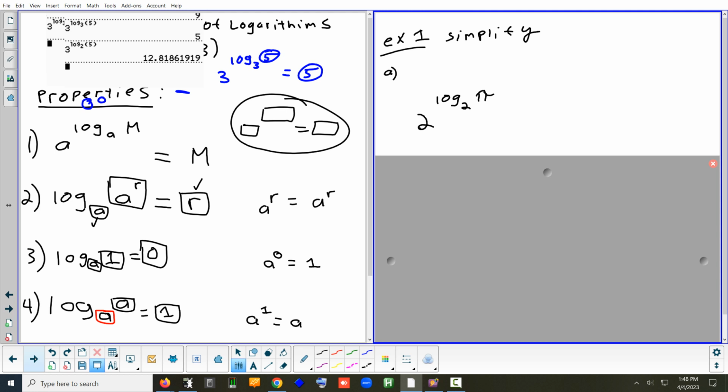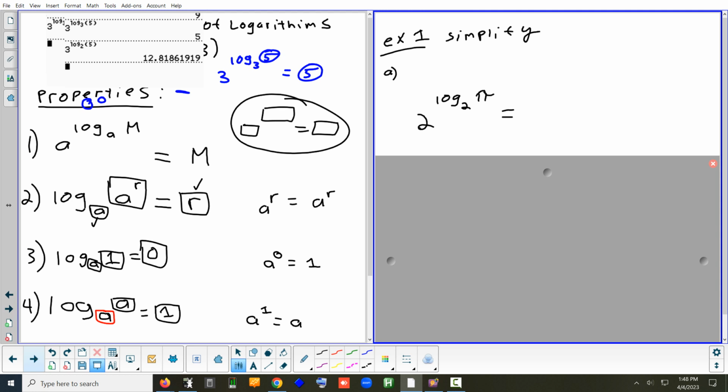Right? So the way you do it is you look at your problem, and you try to match it up with one of these properties. So the first one is 2 raised to the log base 2 of pi. Does anybody see which property 1 through 4 that one looks like? Yeah, it's property 1.